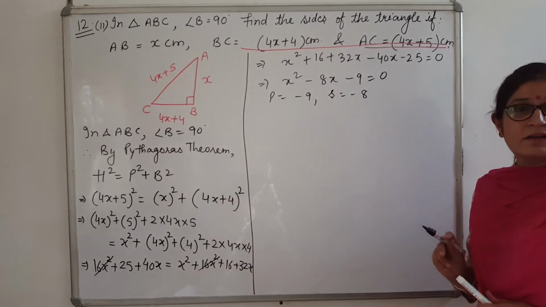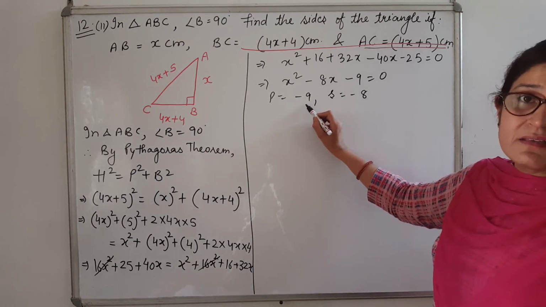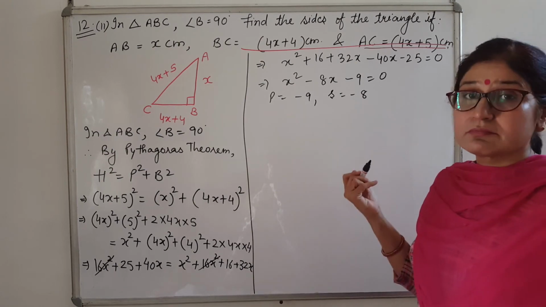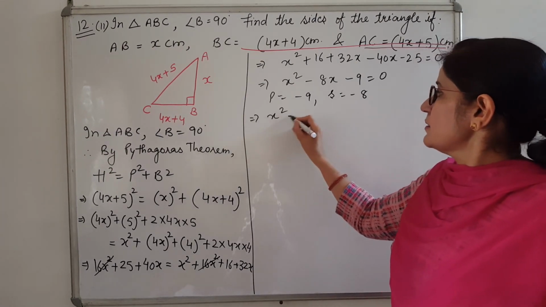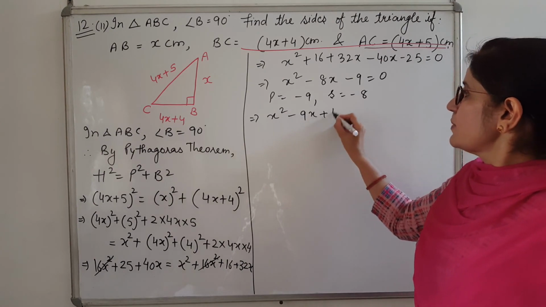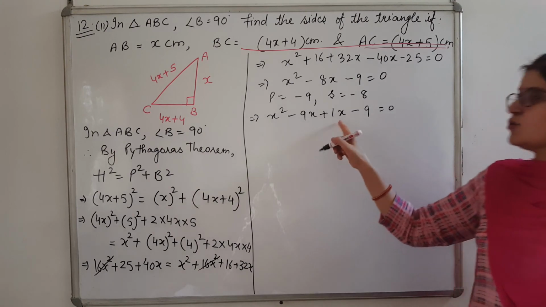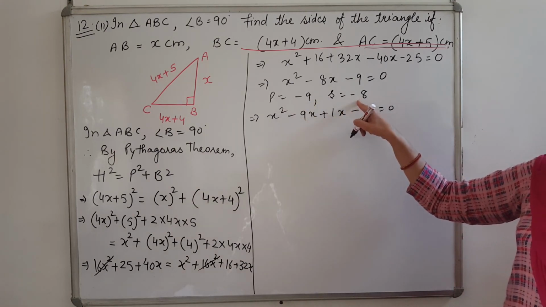You have to take any two numbers which when we multiply, we get minus 9, and when we add we get minus 8. So minus 9 plus 1: x square minus 9x plus 1x minus 9 equals 0. You can see minus 9 into 1 is minus 9, and minus 9 plus 1 is minus 8.